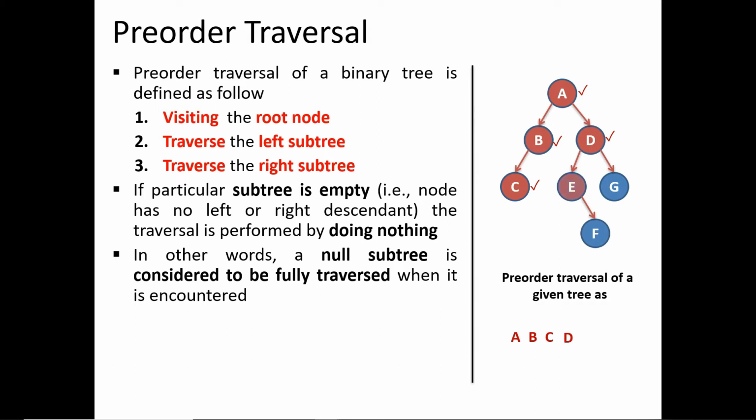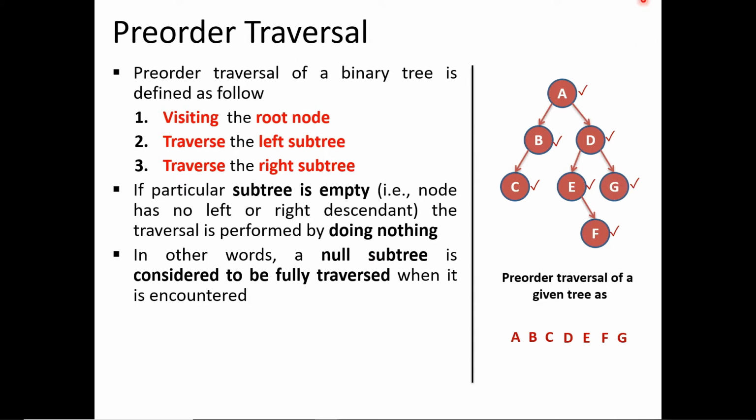Now the left child of D, that is E. So we visit E and write E. Then the right child of E is F. So we visit F and write F. Then G is the right child of D. So we visit G and write G.